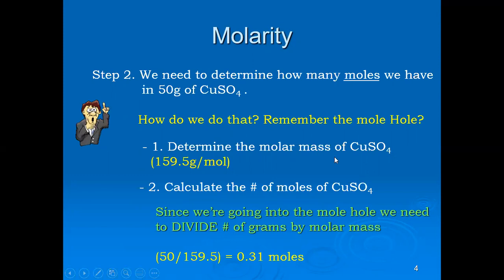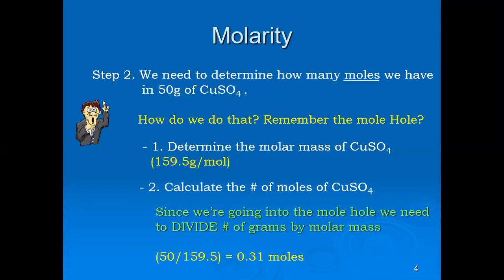You know the molar mass of copper sulfate from the periodic table is 159.5 gram per mole. I have cleared the calculation of molar mass from the periodic table in your class. Now in the second step, you have to calculate the number of moles of copper sulfate. In the first chapter, we discussed in detail the calculation of number of moles from mass in gram and molar mass of any compound.